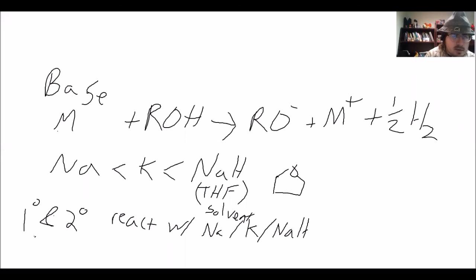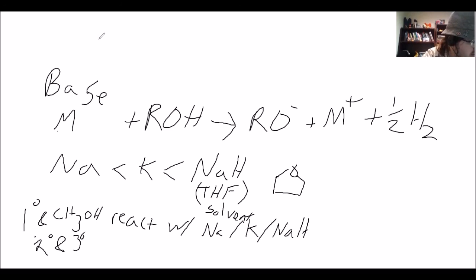Not primary and secondary, but primary and methanol will react with sodium. Methanol will react with all of them: sodium, potassium, sodium hydride. They're overly reactive.